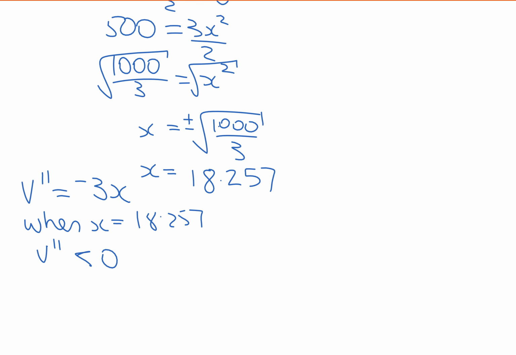Because if it is less than 0, what does it tell us about our graph? It is concave down. And therefore, if it's concave down, it will be a maximum. Does that make sense?